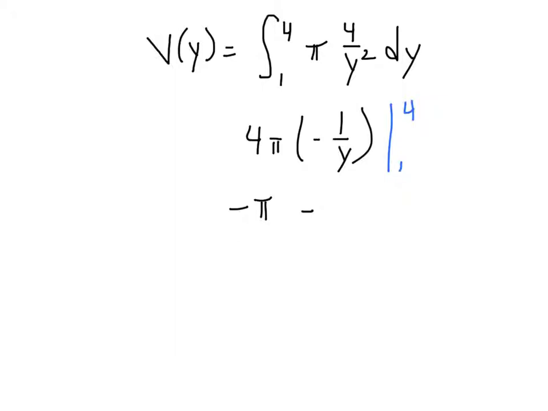And when you plug in a 1, you get 4 pi times negative 1, because it's negative 1 over 1. And so that's negative 4 pi. And when you subtract the negative 4 pi, you get negative pi plus 4 pi, which is 3 pi. And so the volume of that solid is 3 pi cubic units.